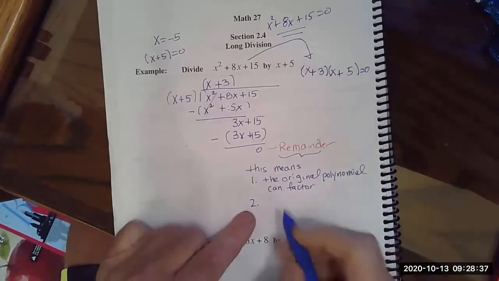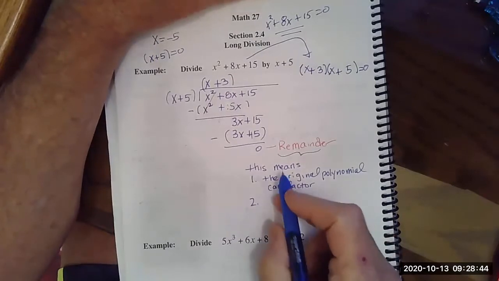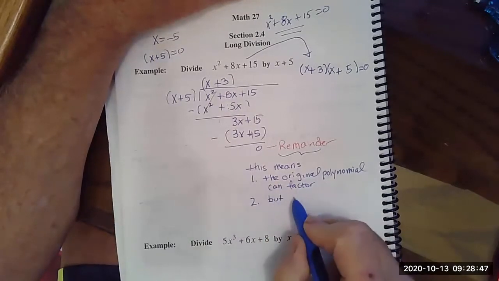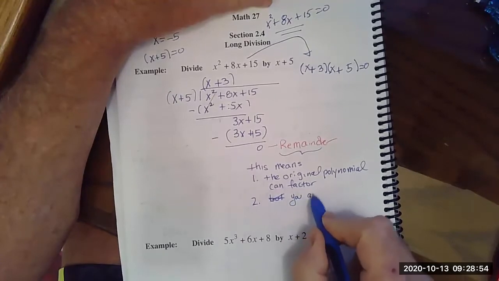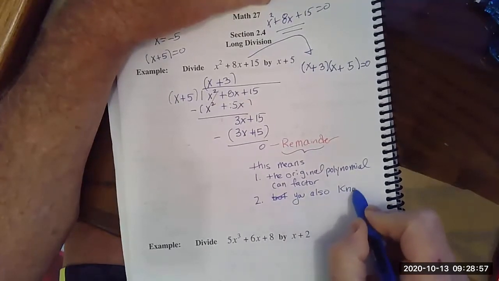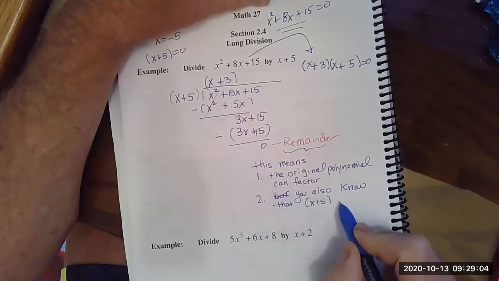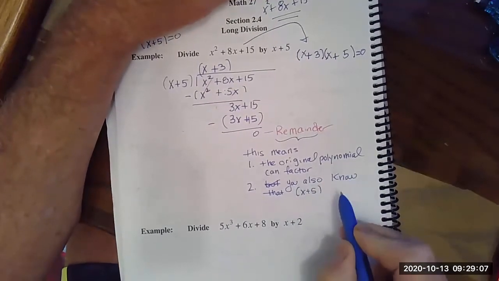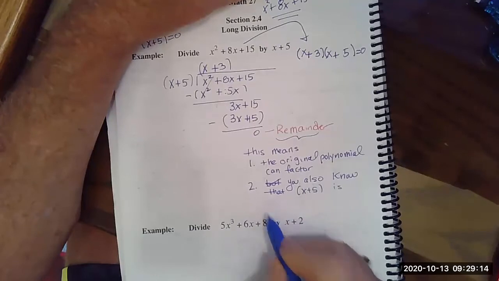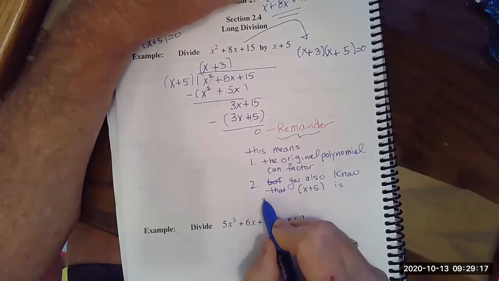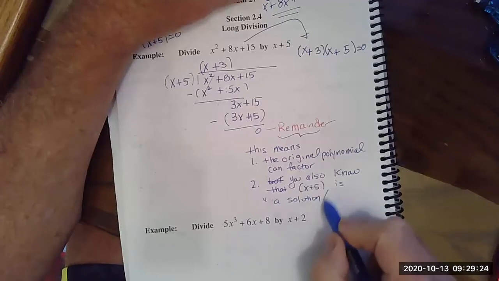What do I want this one to say? That means not only can it factor, you also know that x plus 5 is a solution, x-intercept.